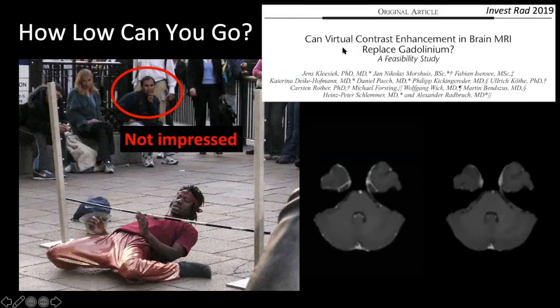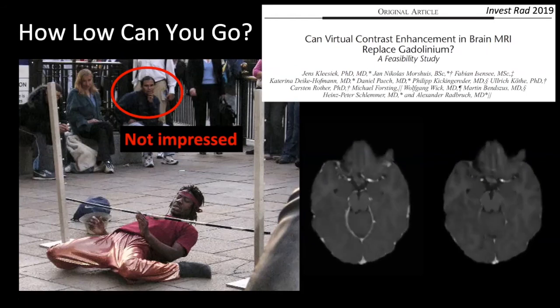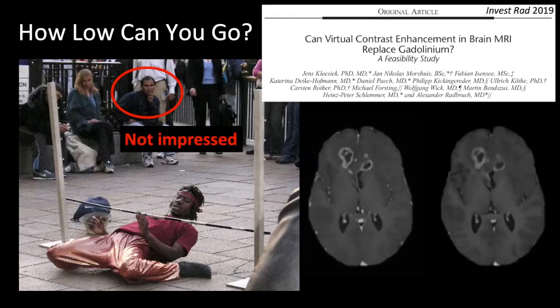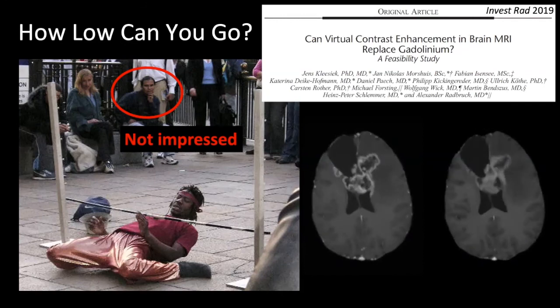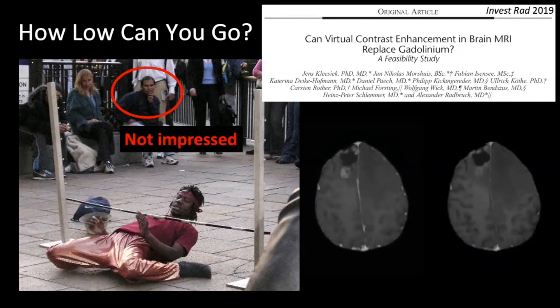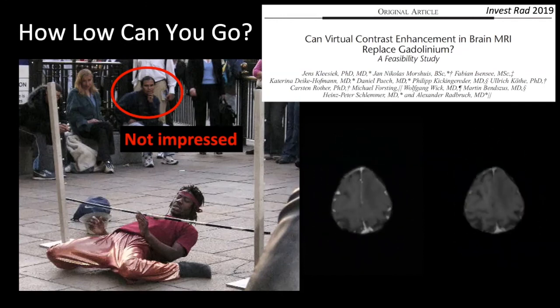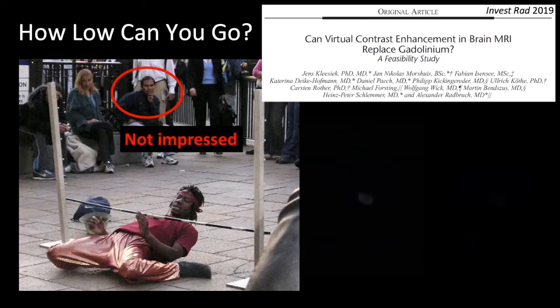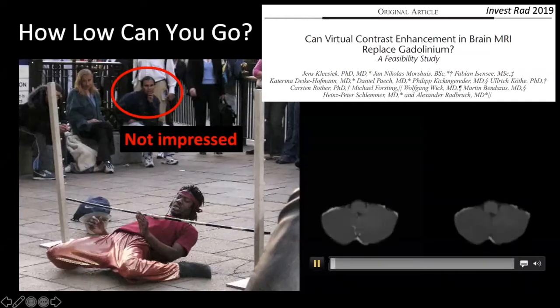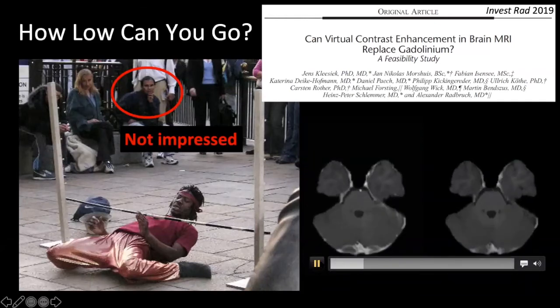And this is a study from Germany recently that has suggested that with the proper MR sequences and training, you might actually be able to replicate the image that you would acquire with a dose of contrast, despite not actually injecting any of the dose. So I think this is very useful.